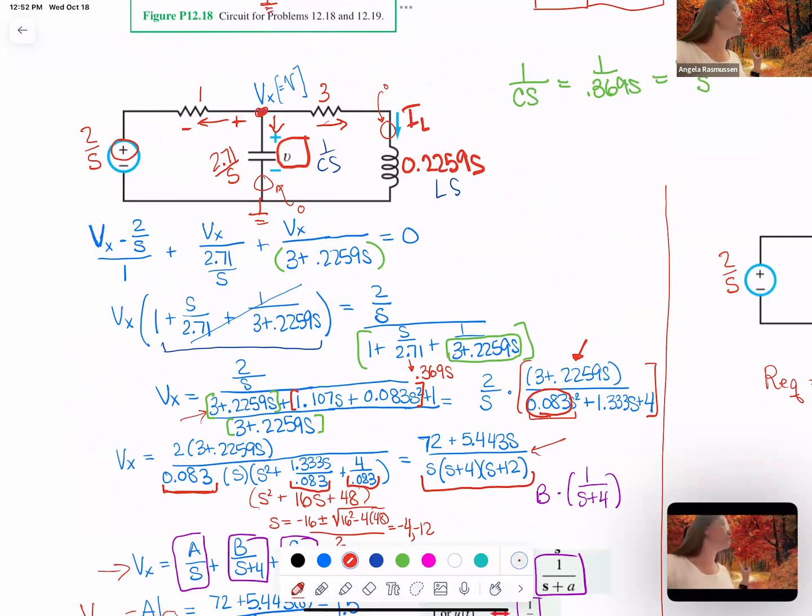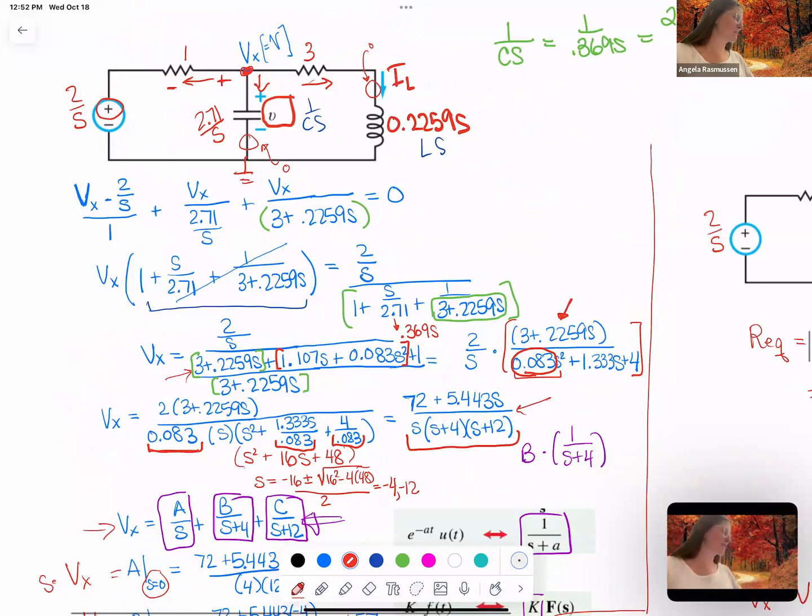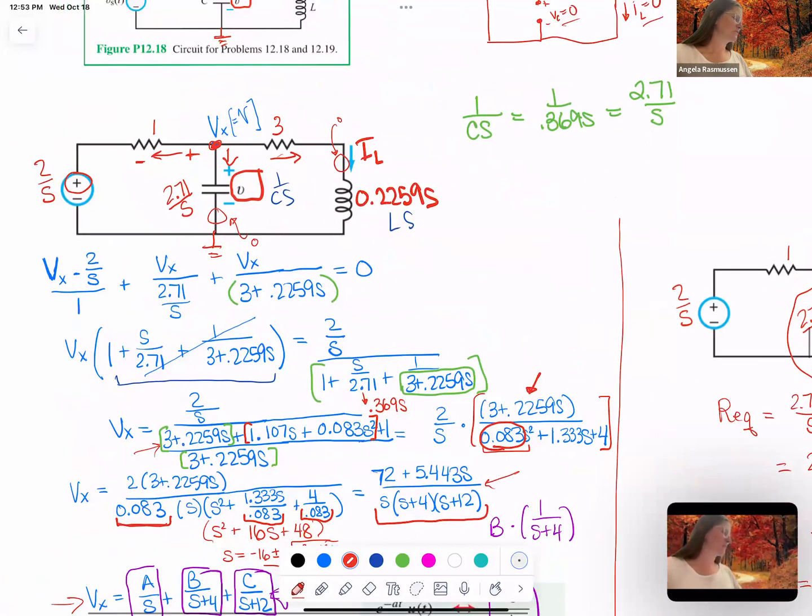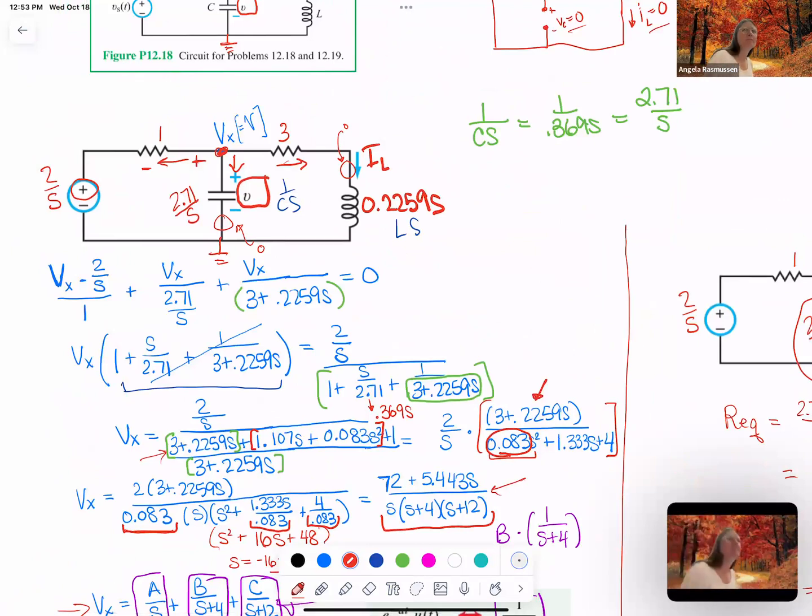Okay, so do the partial fraction expansion on this and figure out what A, B, and C are. At this point, I have 6 divided by 0.083, and that becomes 72.